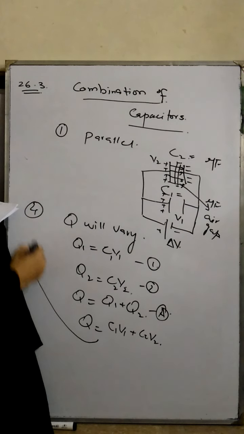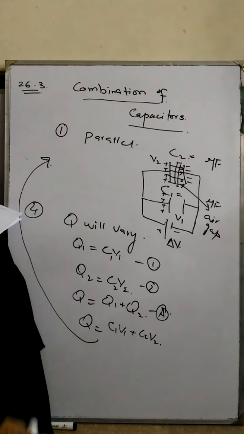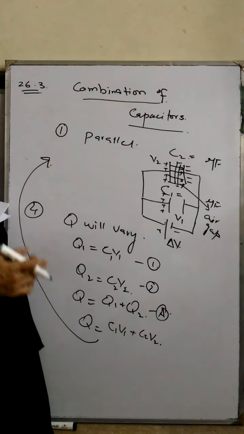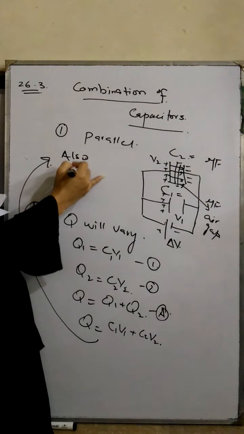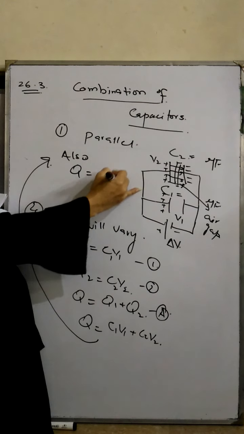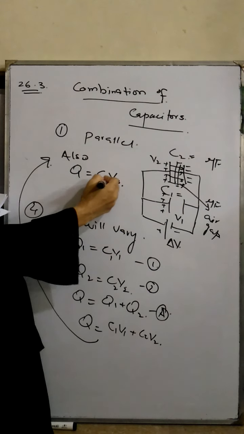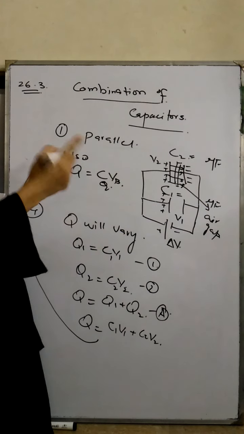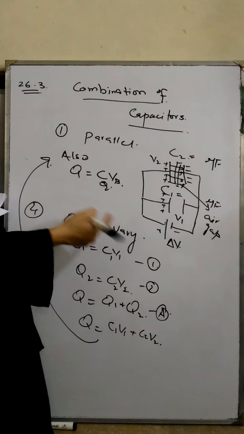From here, let's go up here. Sorry, मेरे पास बहुत बड़ा बोर्ड नहीं है, so इसी तरह इसको सॉल्व कर सकते हैं. Also, Q will be equal to CV, that is total capacitance, the equivalent capacitance of the circuit, and the total potential applied to the circuit.